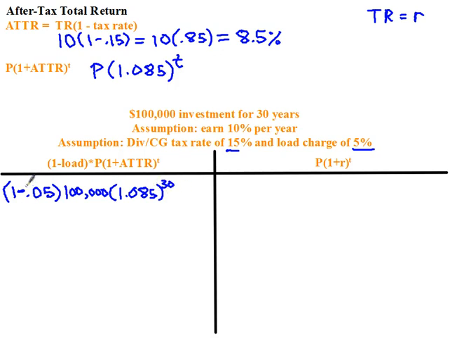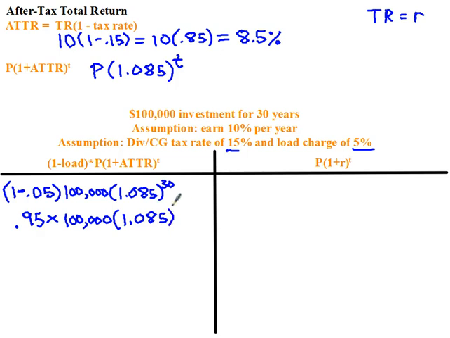So let's do this step by step. This 1 minus 0.05 is going to be 0.95. I'm going to get to invest 95% of my 100,000. The other 5% is going to go to the broker as a fee, a sales charge.